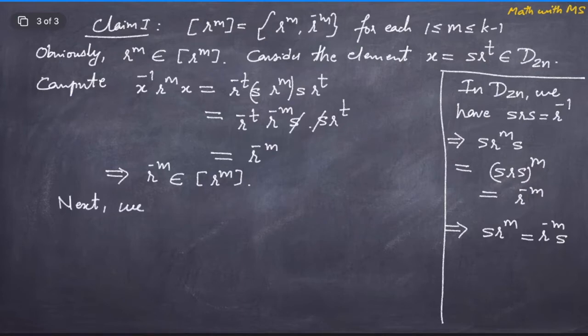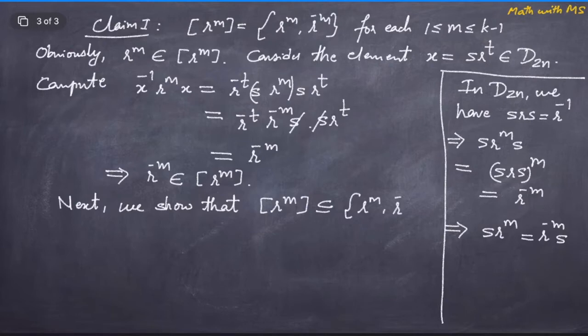We show that each conjugate of R to the power m is actually contained in this set. That will prove our claim 1. Now any conjugate of R to the power m will look like x inverse R to the power m x, where x is an arbitrary element of D2n. But an element of D2n is either a power of R or it is S times a power of R. So we will consider both the cases.